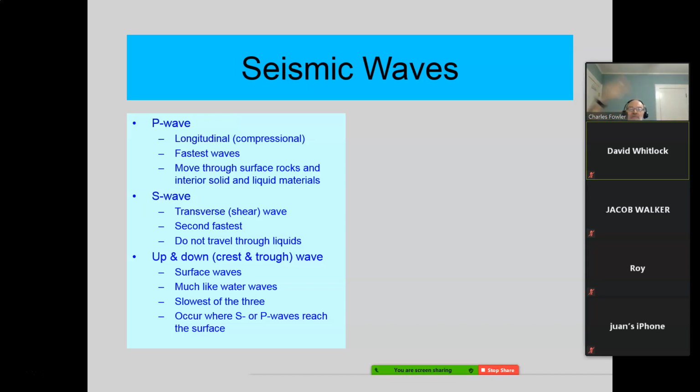They don't go necessarily in the direction of the wave propagation because there's nothing else to go there, so they move along the surface. Okay, they're the slowest of the three, sometimes the most pronounced of the three, but they're the slowest. Okay, they occur when either an S or a P wave reaches the surface.